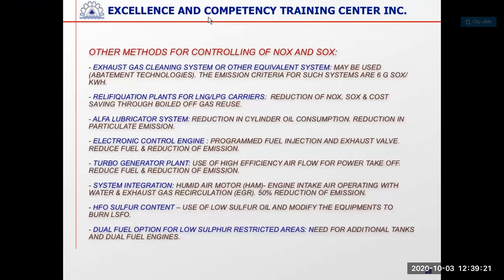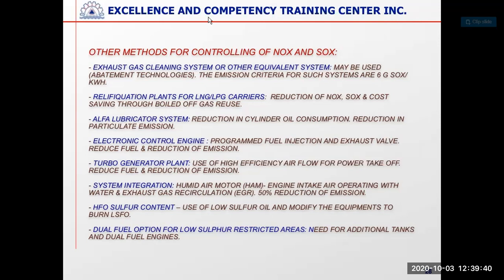Then there are some other methods of controlling NOx and SOx, like the exhaust gas cleaning system or other systems. Then we have reliquefaction plant for LNG and LPG carriers, where we are controlling NOx and SOx by using LNG in the fuel.